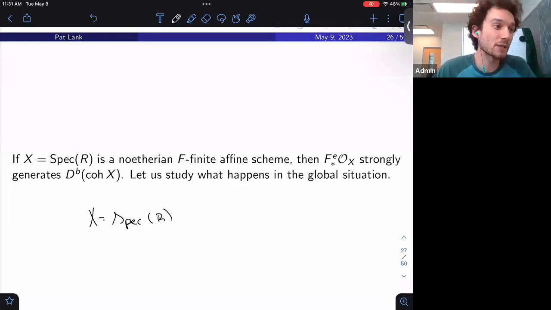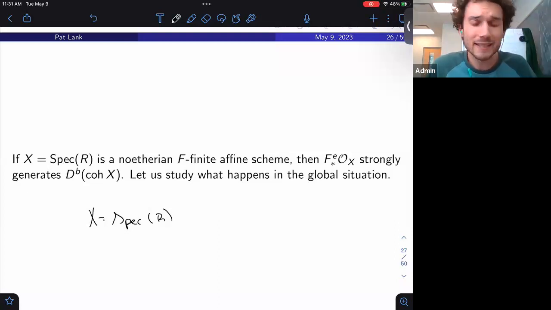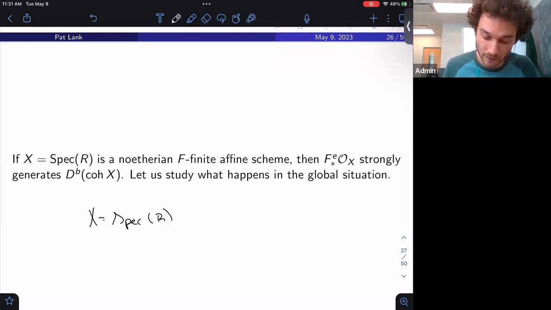What happens if, for instance, I'm working on a projective variety, and can I push forward the structure sheaf? Does this give me a strong generator? Because I know I need to generate perfect complexes. Well, O_X doesn't generate all perfect complexes, for instance, for projective varieties. But can I push it forward to get a strong generator?